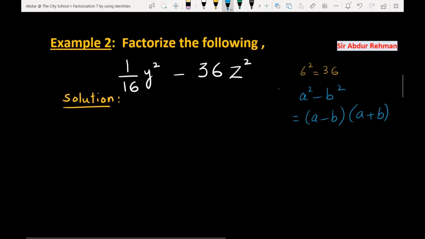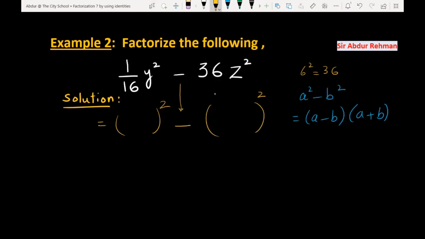The first step is to write an empty bracket with the square and a second empty bracket with the square. The question is, what is the sign in between? We must copy the sign here, minus.